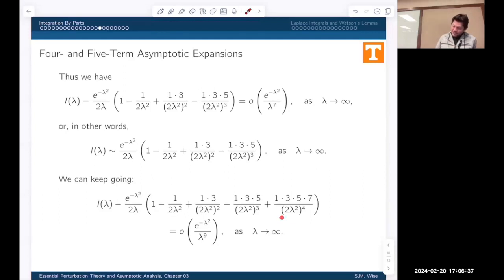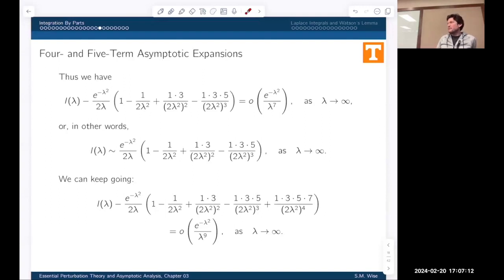And so I have to show that this term here times this term, the combination of those two, is little o of e to the minus lambda squared over lambda to the 9th. And of course, that's going to be easily true. The power down here is going to be 2, 4, so that's 8, 9. And the remainder I can show is going to be like 1 over lambda to the 11th, something like that.